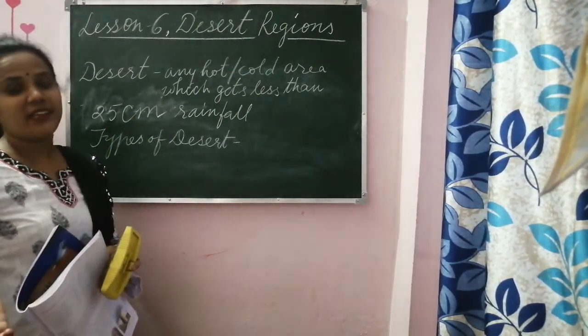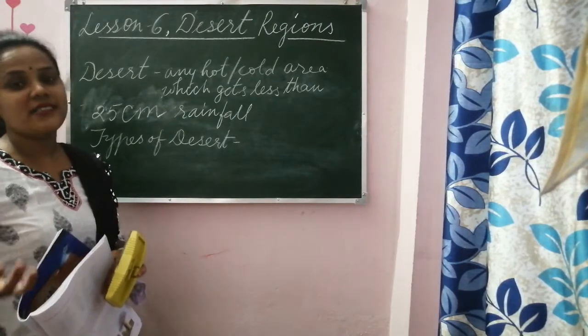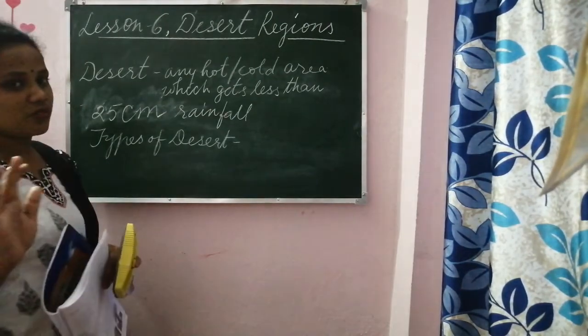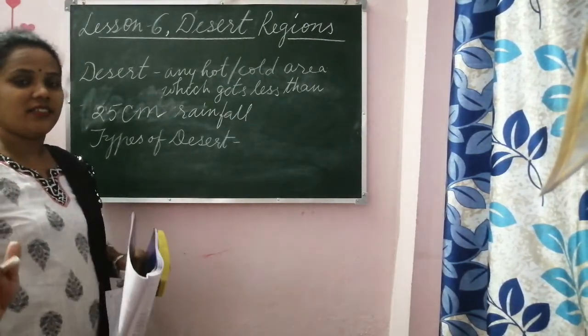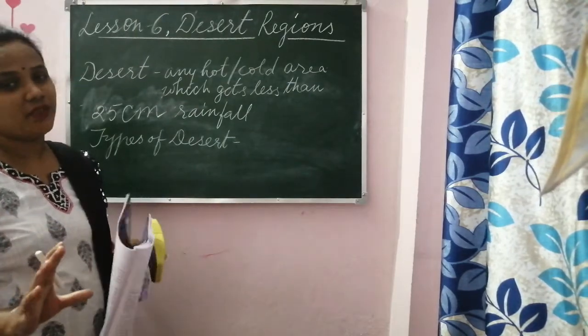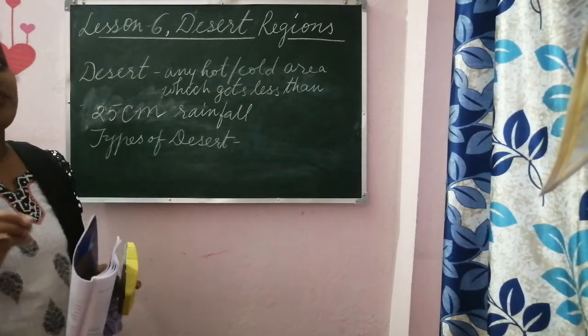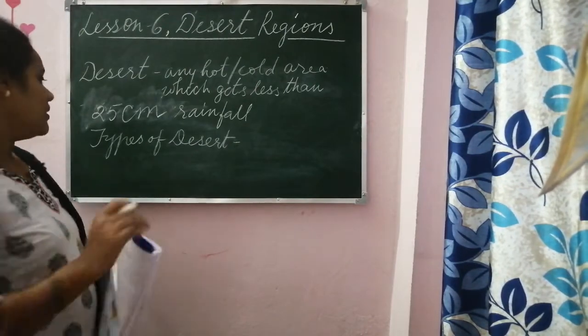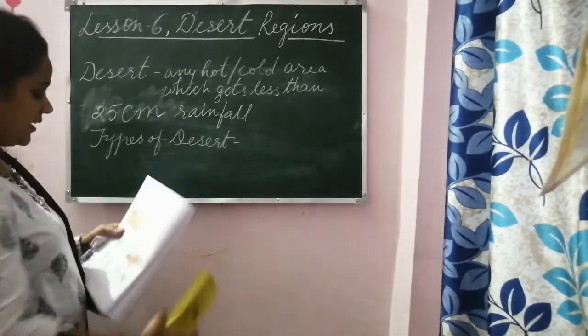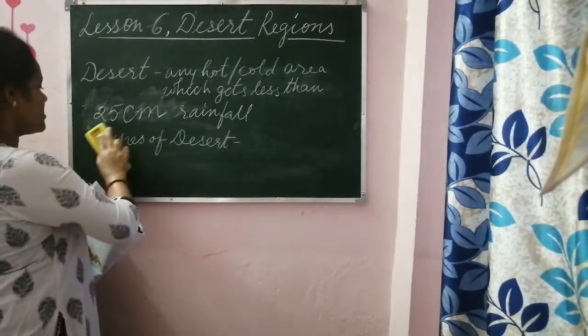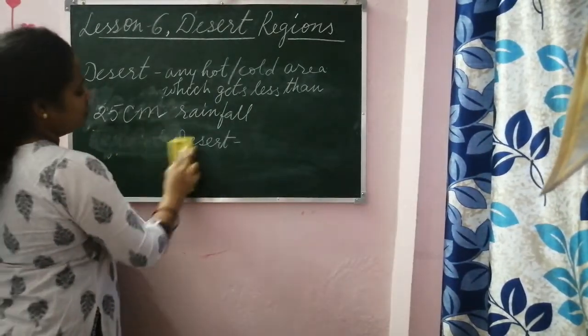It can be a sandy desert, or an icy desert covered with snow. A desert is a place getting very little rainfall, meaning below 25 centimeter. Clear? Next, it tells you how these deserts are formed.